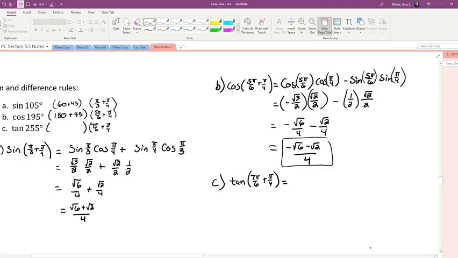All right, so the tangent rule is tangent of the first one plus tangent of the second one over 1 minus tangent of each of them. Sorry, computer's locking up on me a little bit.